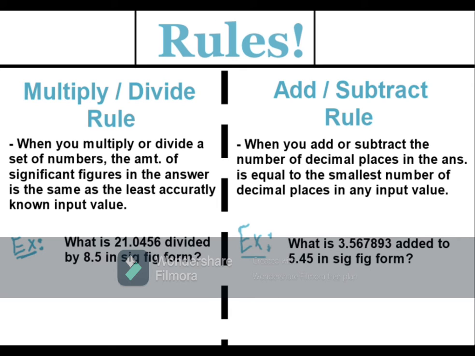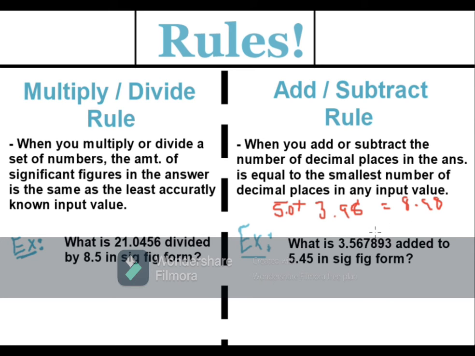So if you say 5.0 plus 3.98 is equal to what in significant figure form? If that was the question, you would just add, and you get 8.98.